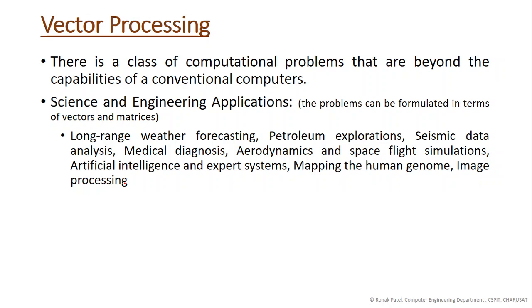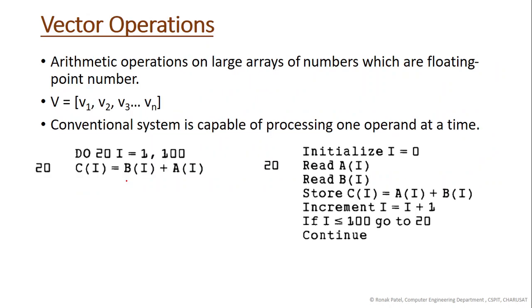It may be possible that you can run your application on conventional computers, but it will take so much time, right? So let's see the example: arithmetic operations on large arrays of numbers which are floating point numbers. We are not just dealing with integers, we have float numbers, right?